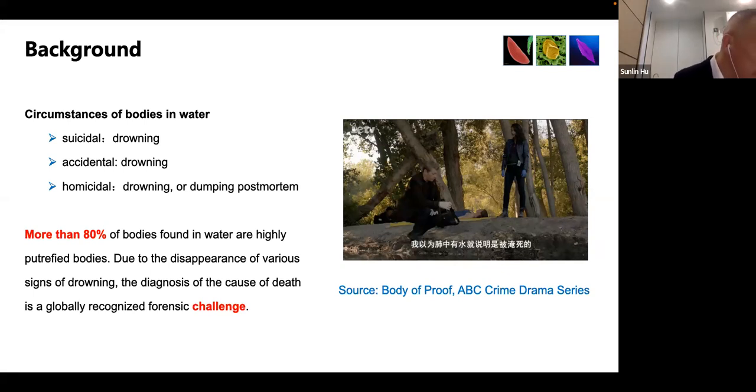These signs can be utilized for drowning diagnosis, but in forensic practice, more than 80% of the bodies found in the water are highly putrefied. Typical signs of drowning disappeared due to putrefaction. Consequently, the diagnosis of drowning is always one of the difficult issues in forensic medicine.